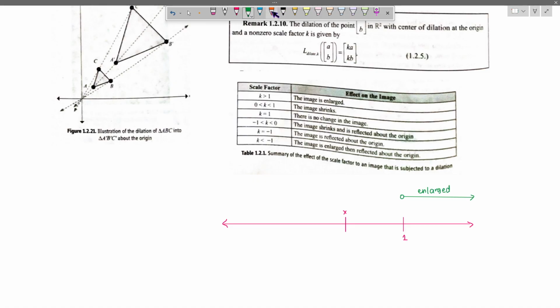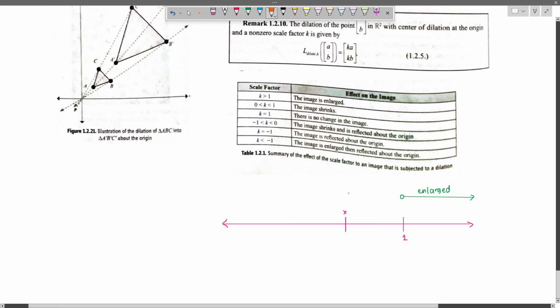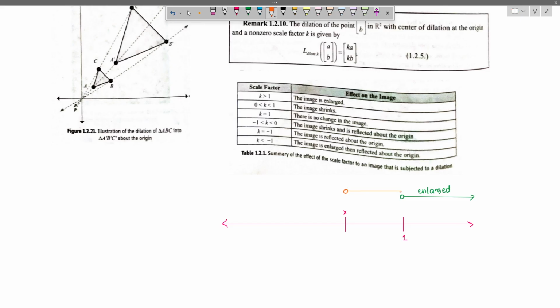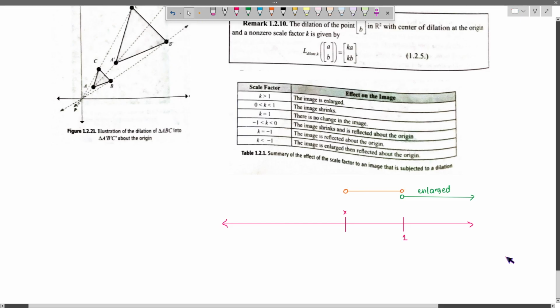And then if it's between 0 to 1, then that just means that the image will shrink.